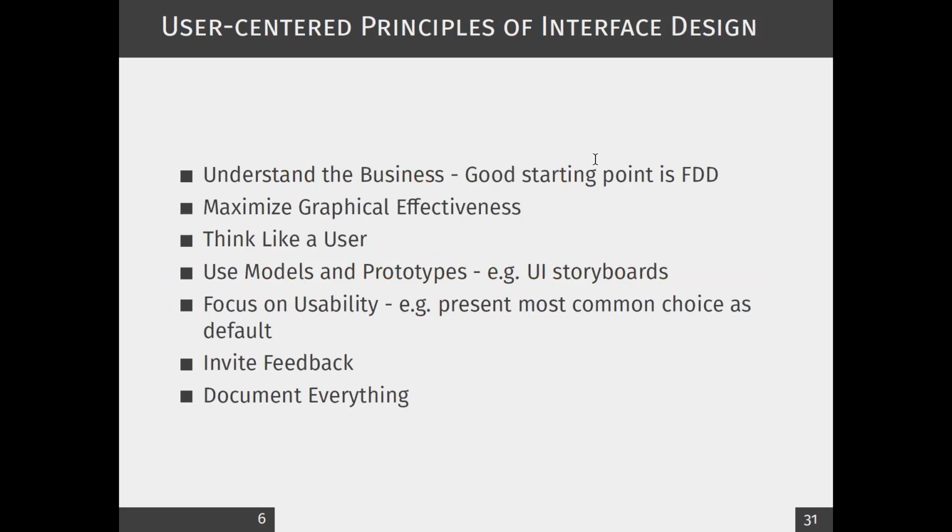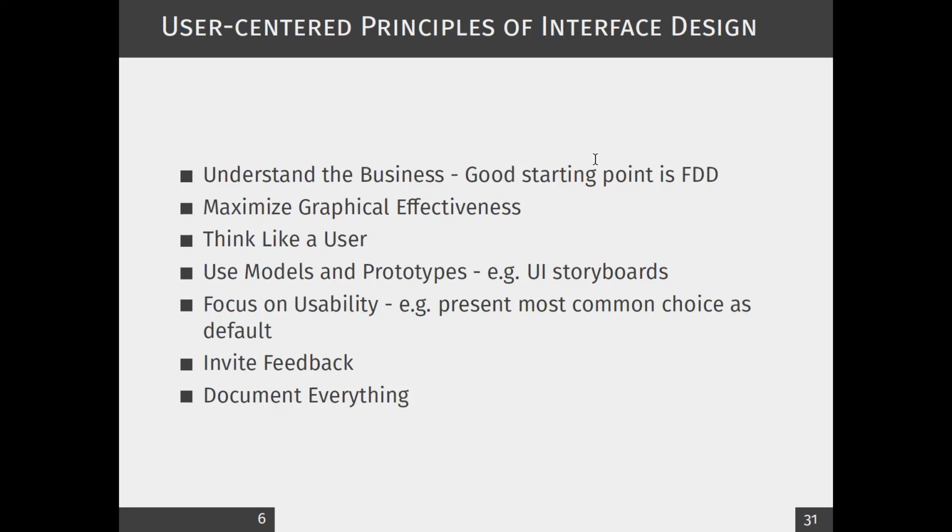Now, when you're designing user interfaces, you should understand there are some principles. And especially, as I told you in the beginning, you have to think like the user. You have to see the user's point of view. So let's look at the user-centered principles of interface design. First of all, you have to understand the business.